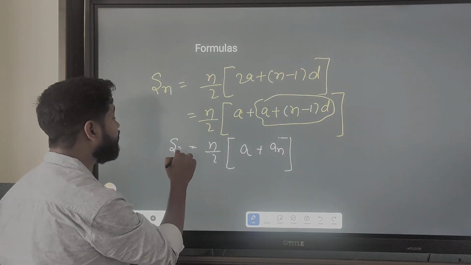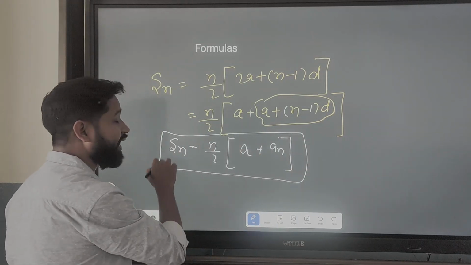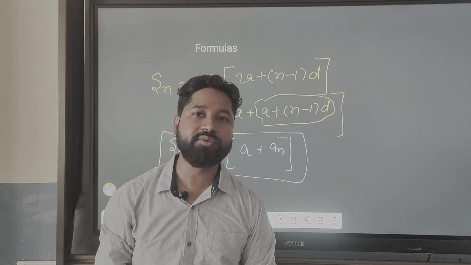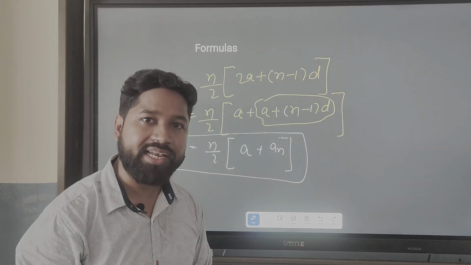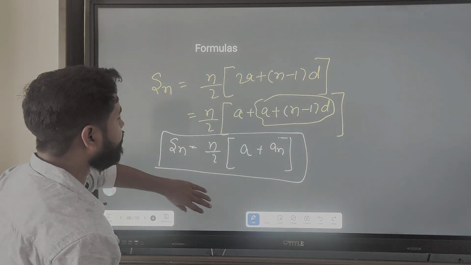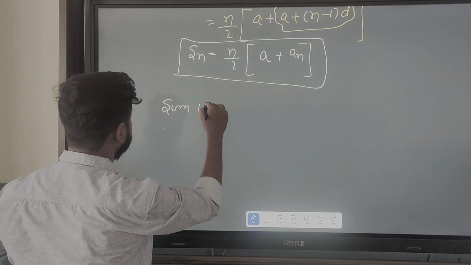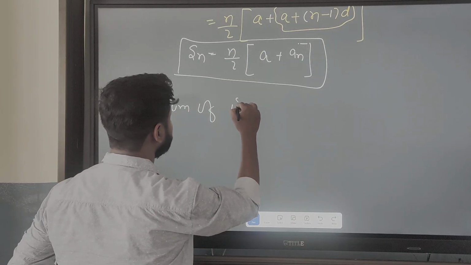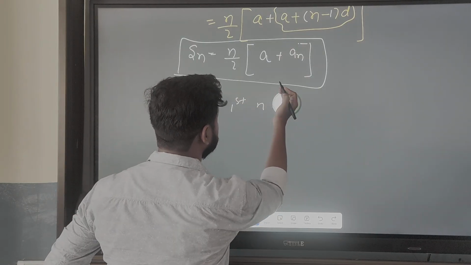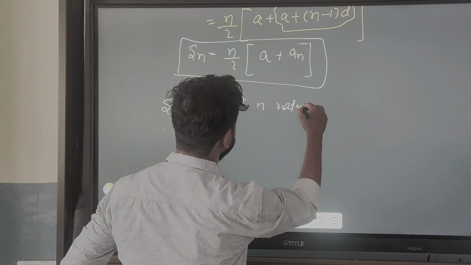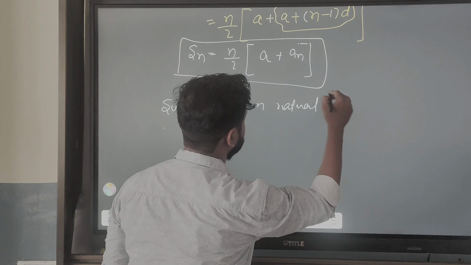So we have seen one more formula: the sum of the first n terms of an AP is n by 2 into first term plus last term. That is important, we'll write the sum of the first n natural numbers.